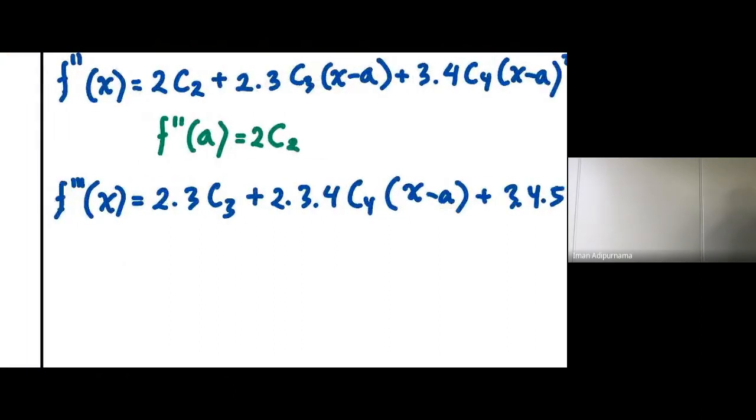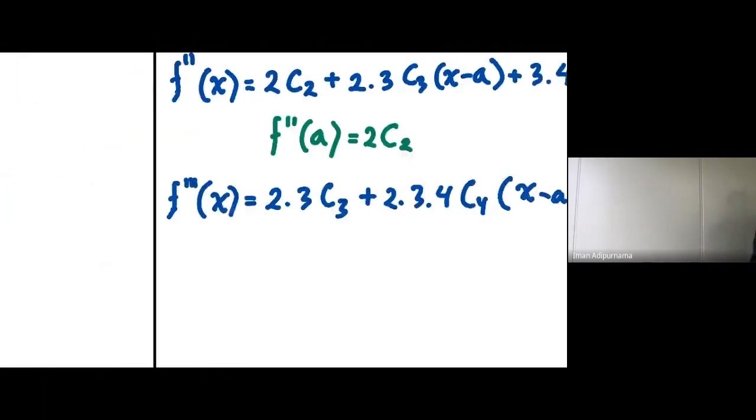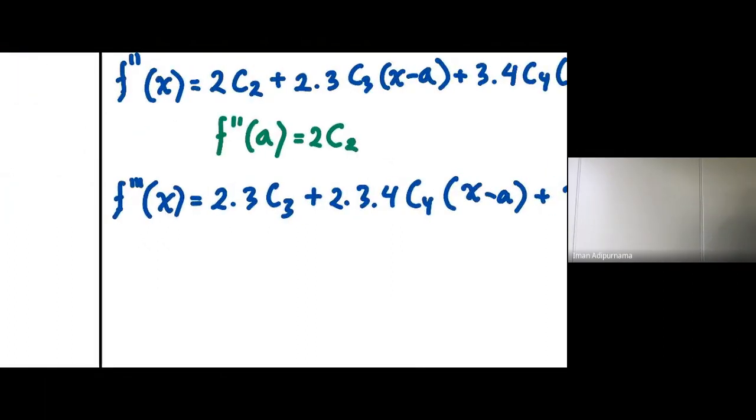Now you will see the pattern: 2, 3; 2, 3, 4; 3, 4, 5; and so on and so forth. And we evaluate at x equal to a. It's 2, 3, C3.